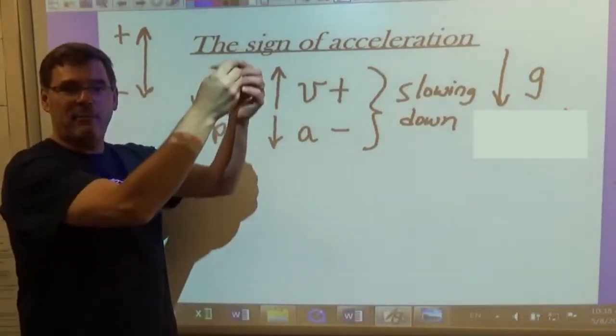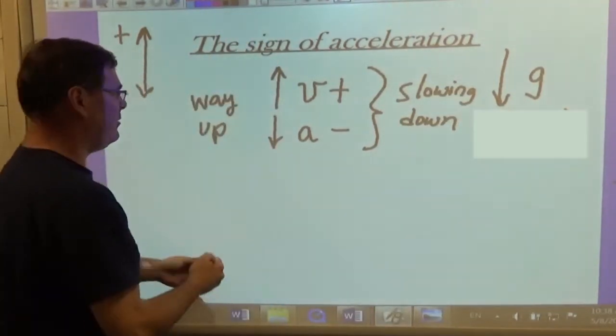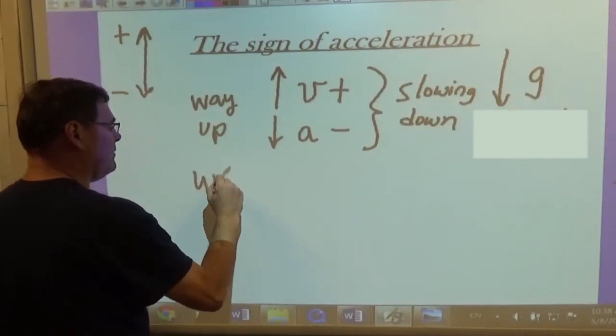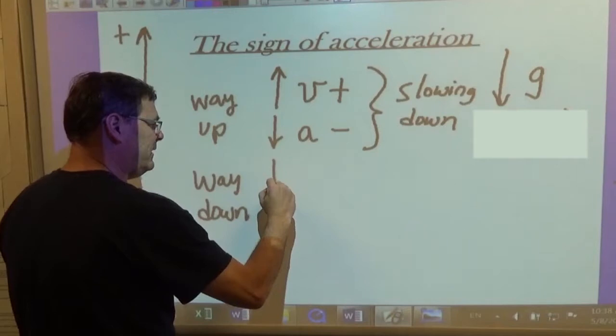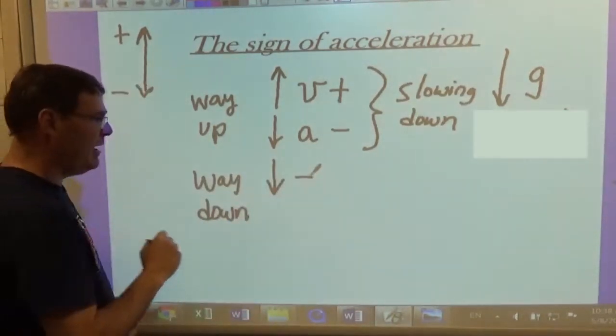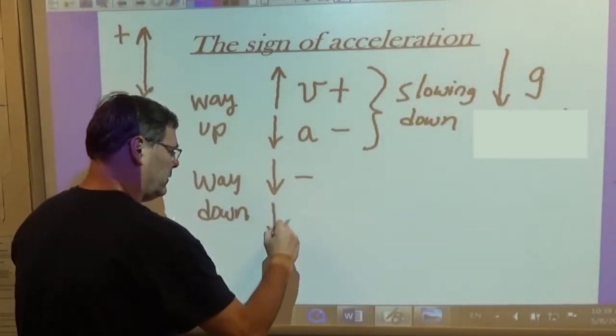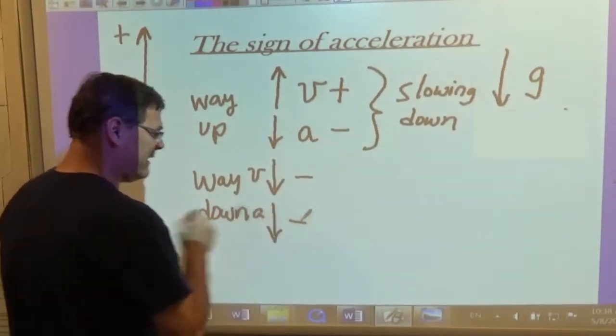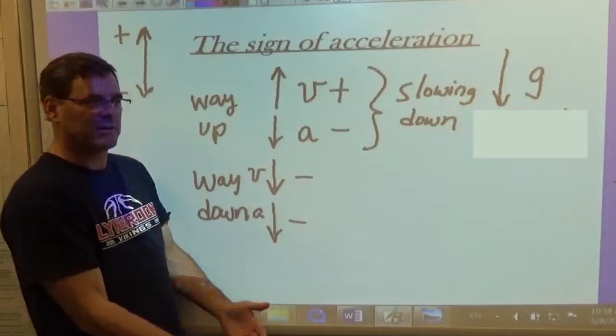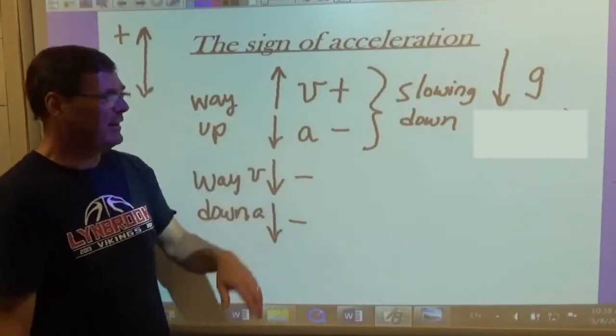It reaches the top, and then it starts to come back down. So now on the way down, the velocity is in the negative direction, and the acceleration is still in the negative direction. The whole time the object's in the air, the acceleration is down.